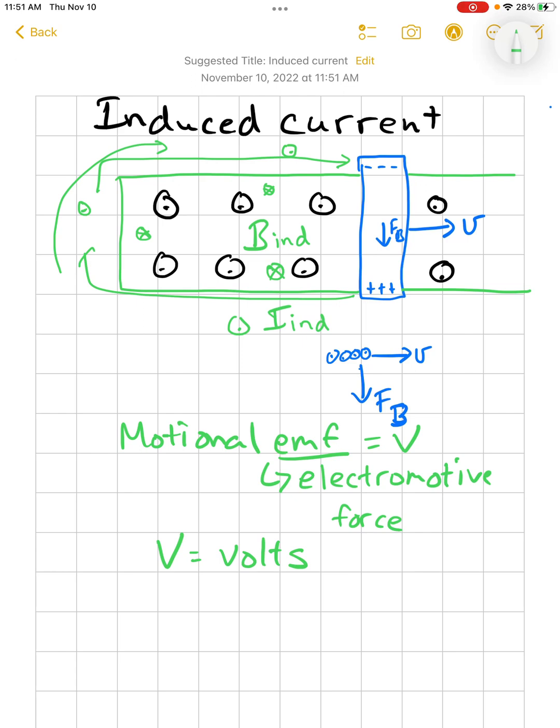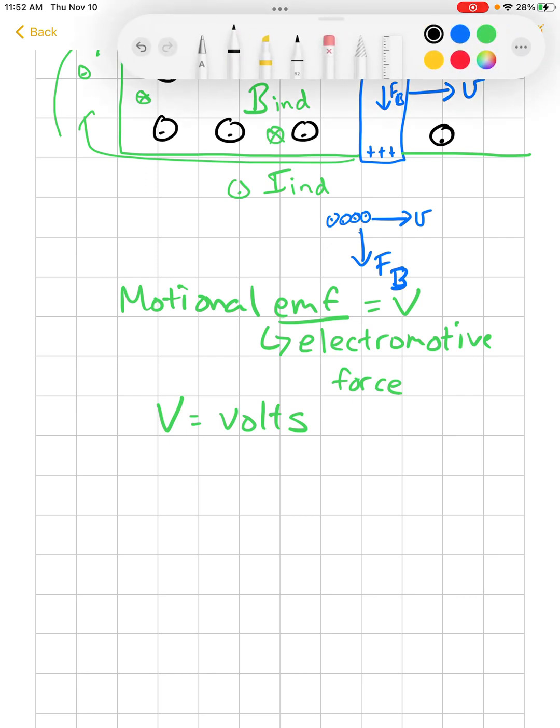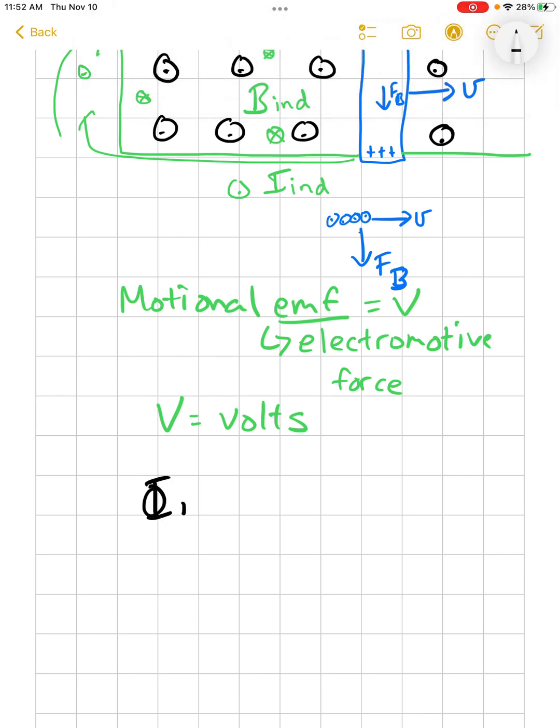All right. So let's think about the fact that we've got this area that's increasing, okay? And what's going to happen is we have a magnetic flux, just like we had an electric flux. And our magnetic flux is equal to the dot product of the magnetic field with the area.